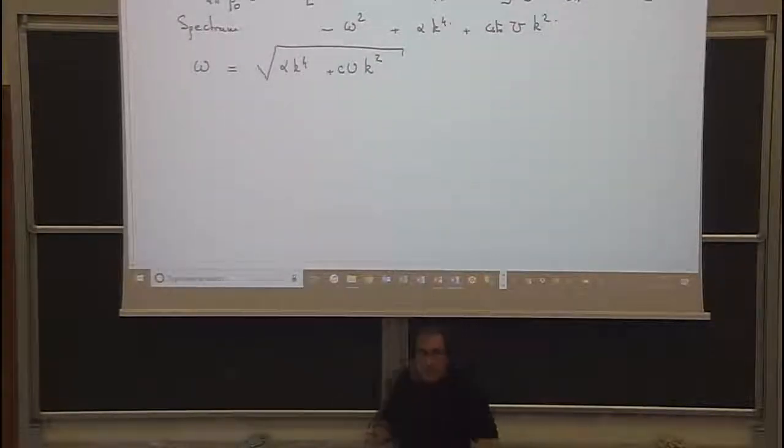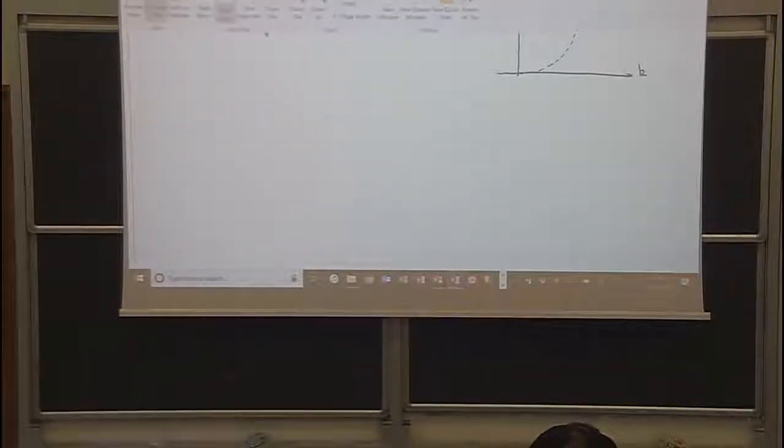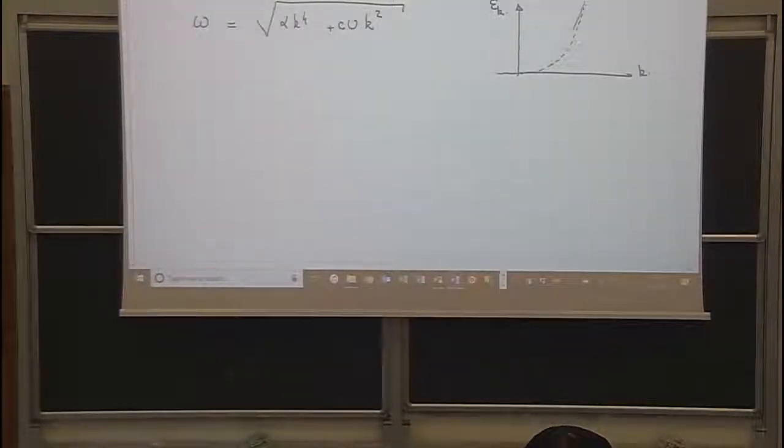And you see now what happens. This term here tells you that the spectrum is modified compared to non-interacting bosons. For non-interacting bosons, I had a spectrum of excitation where epsilon k went as k square. And now, because of the interaction, I get essentially a spectrum which is probably very close to the old one, but at some point is dominated by omega proportional to k.